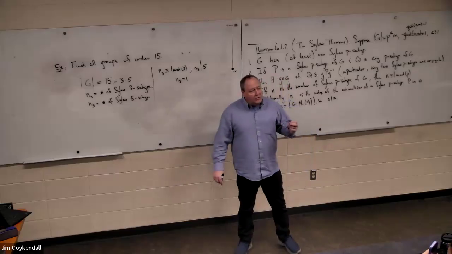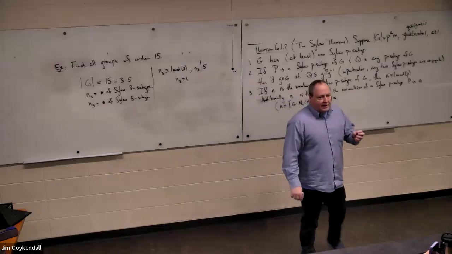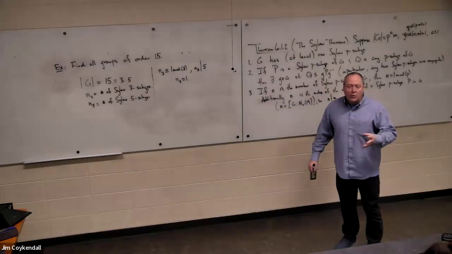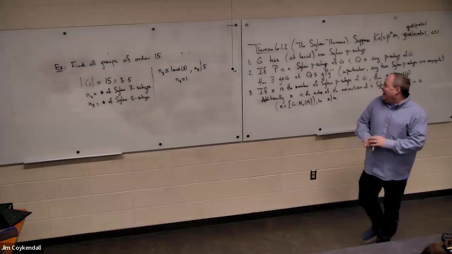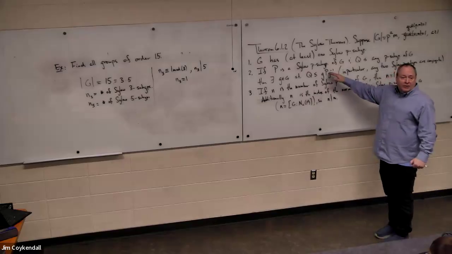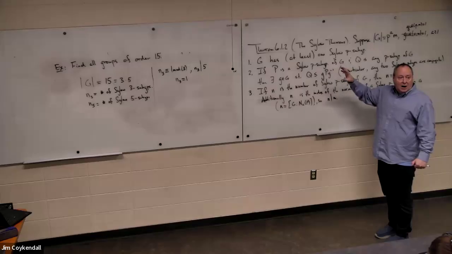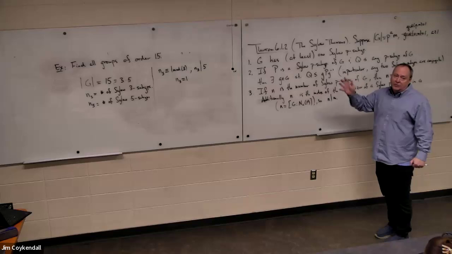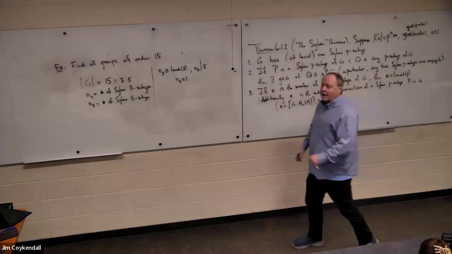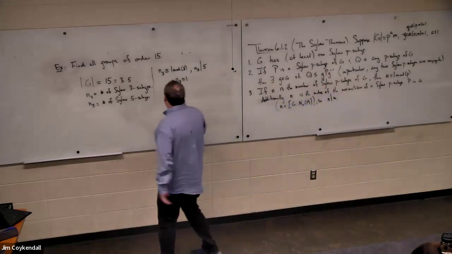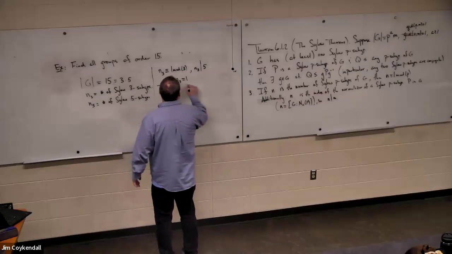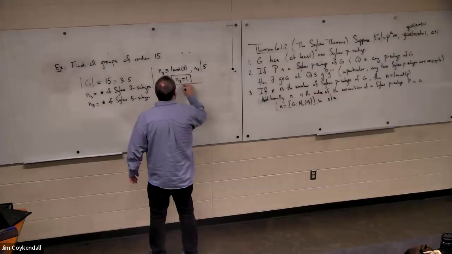That means there's only one Sylow 3 group. That Sylow 3 group is of order 3. There's only one. And if you look at this part of the Sylow theorems, that means it's normal, right? Because any conjugate of that is also a group of order 3, but there's only one of them. So there's only one place to go. But that doesn't matter so much at this point.